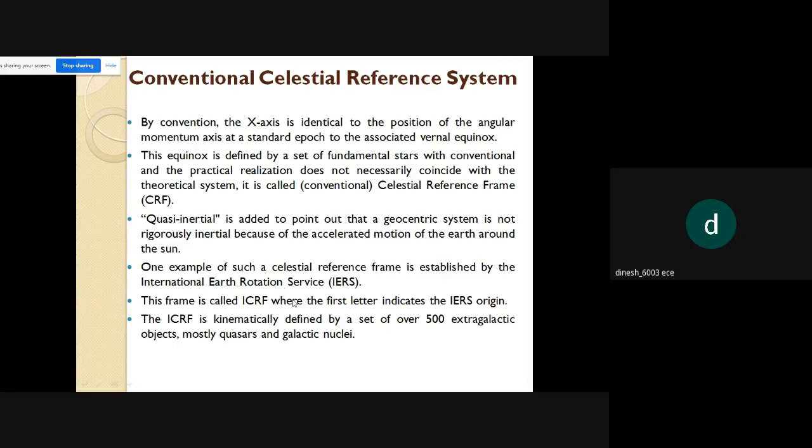This is also called ICRF, International Celestial Reference Frame, where the first letter indicates IERS. It is given by a kinematical system, which can determine over 500 extragalactic objects, mostly galactic nuclei or quasars in space.